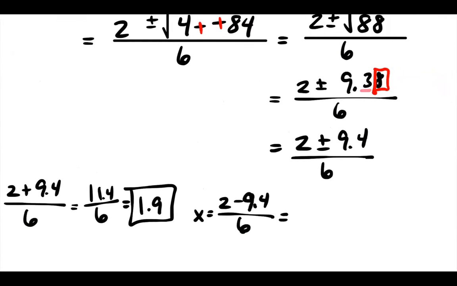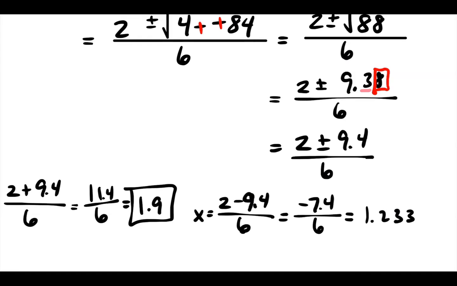The other one is 2 minus 9.4 is negative 7.4. Divided by 6. Yeah, it's negative 1.23333333 on and on forever and ever.